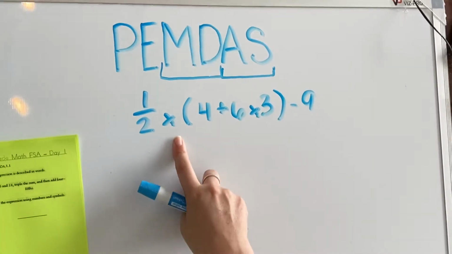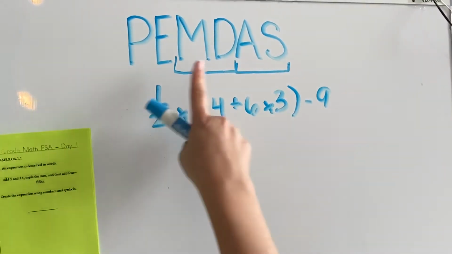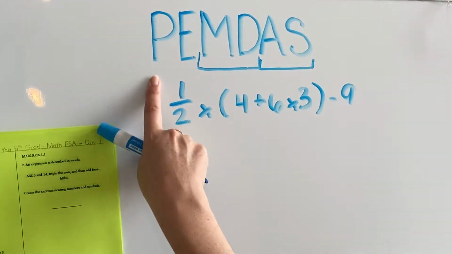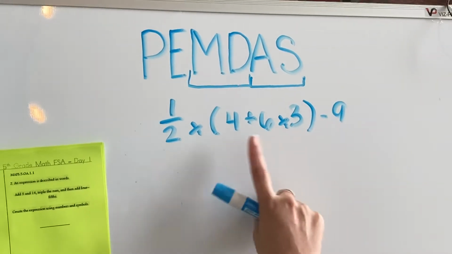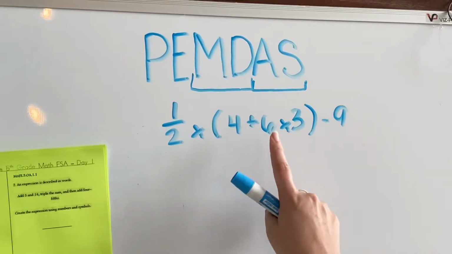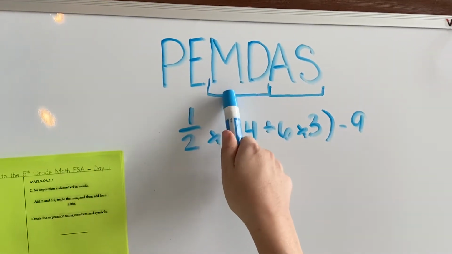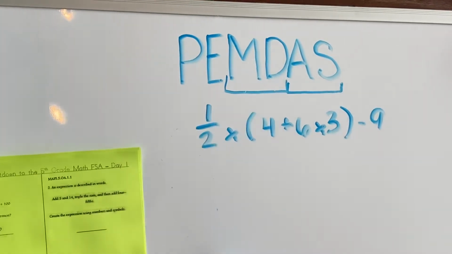I have multiplication, addition, multiplication, parentheses, subtraction. So I need to follow my order of operations. The first thing I do is look for parentheses. Inside my parentheses, I have 4 plus 6, and I also have 6 times 3. Which one comes first? I know that multiplication comes before addition, so I'm going to multiply first.